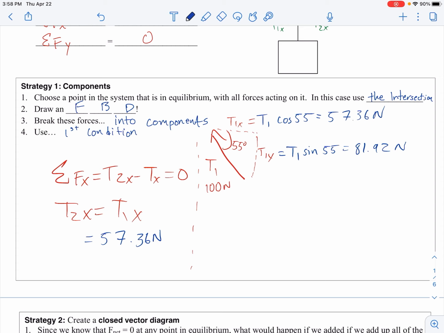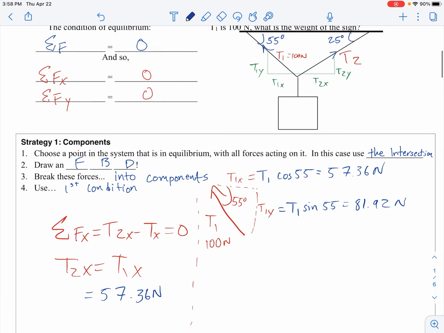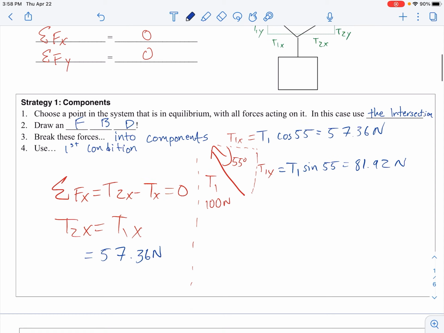All right, and then we break down T2. So this is T2x, T2y.